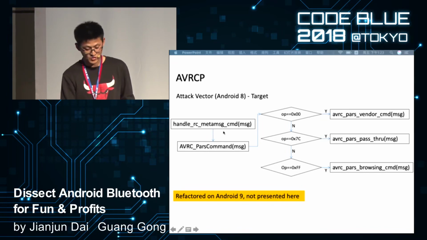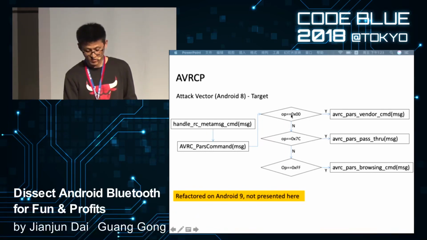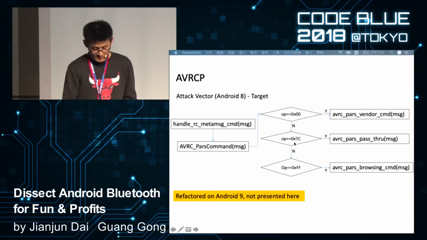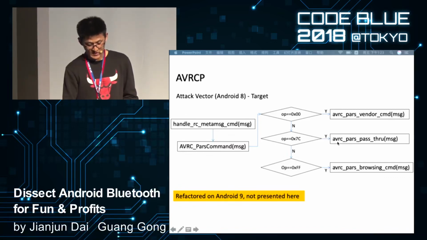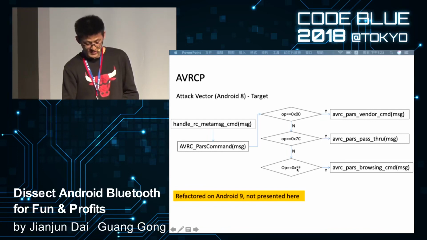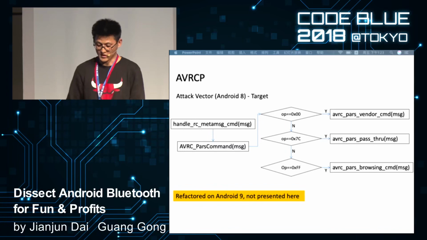Then it passes the message to AVRC parse command, and it will check the opcode. 0x00 passes data to AVRC parse vendor CMD, or 0x7c is sent to AVRC parse THRU, and then 0xFF invokes AVRC parse browsing CMD. The data processing flow is possibly like this.